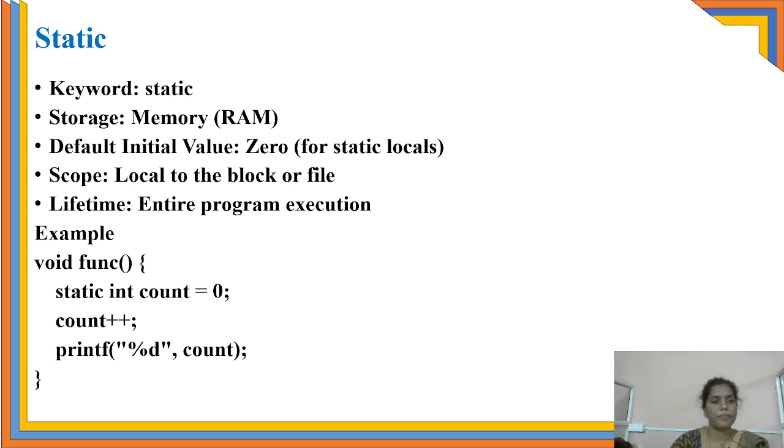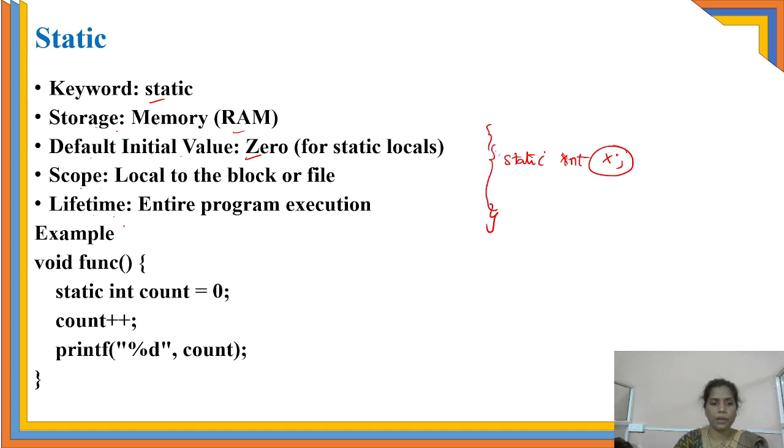So first one, static. The keyword is static. Storage, where it will be stored, is RAM. The default initial value for a static variable is 0. Scope is local to the block, meaning if you declare static int x inside a block, that x will be visible in this block only.